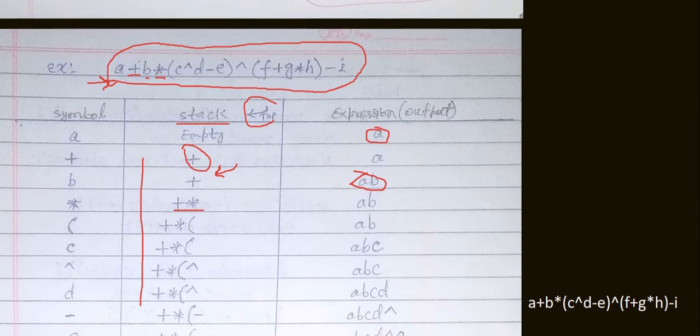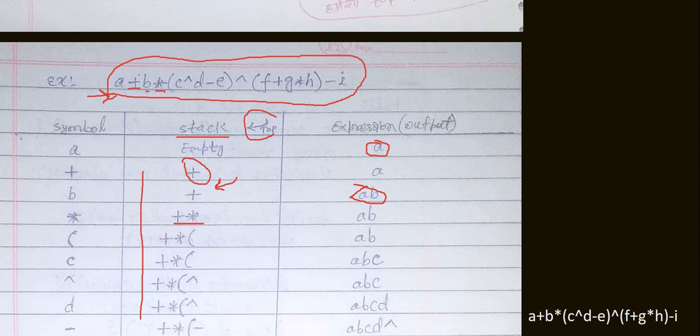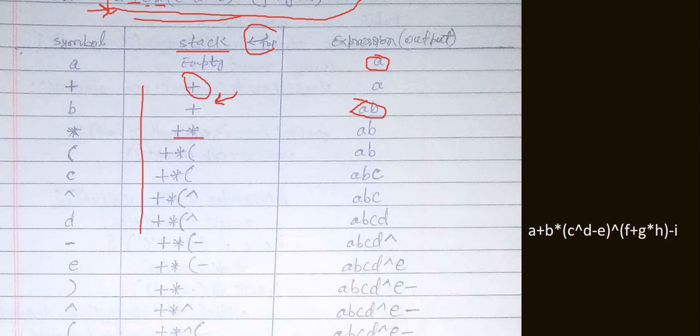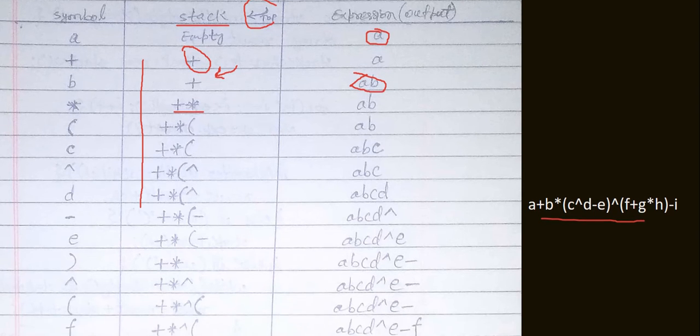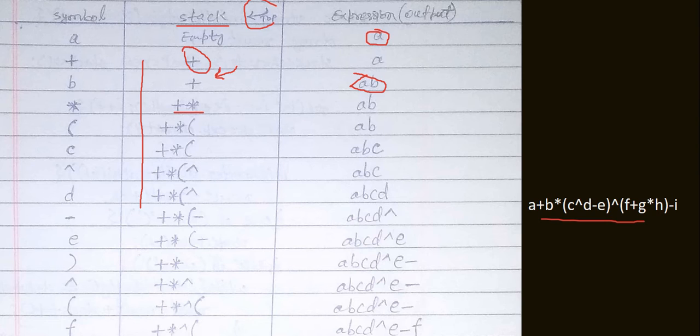Now next, this expression is the same as this. After a plus b multiplication, a bracket is encountered, and again bracket, we will treat it like an operator and push it into the stack, with a b, and the next is c.